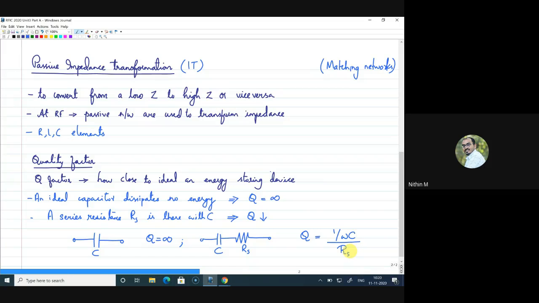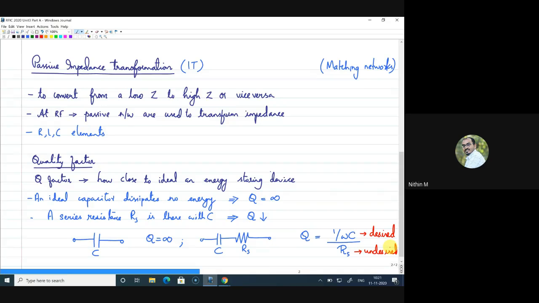Now, one thing you can see here, this is the desired component, the capacitor is an energy storing device, but this RS is something undesired. Even though we call it undesired, we cannot get rid of this component, because it will be part of whatever elements we fabricate. So this is a parasitic component.